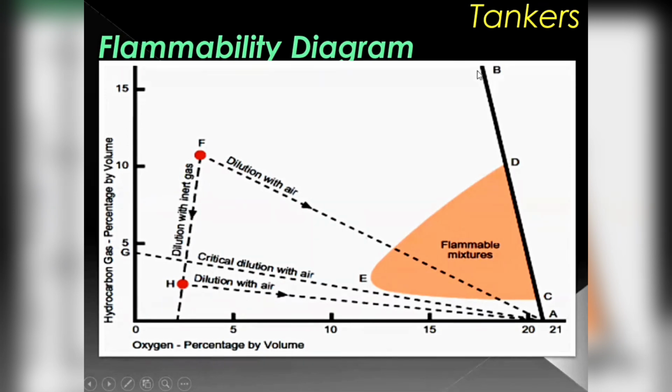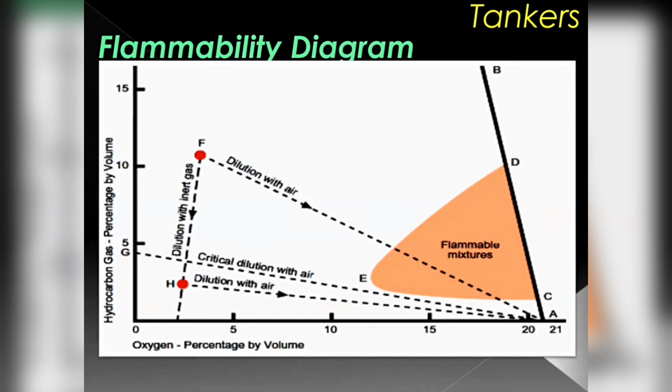Now we know why the line AB is bent towards the left. We cannot afford to have the atmosphere inside the tank fall within this flammable mixture range. When we introduce inert gas and reach point E, we continue to introduce inert gas in the tank, keeping the oxygen percentage coming down, as far away from point E as possible, so that we can thoroughly remove this one side of the fire triangle.